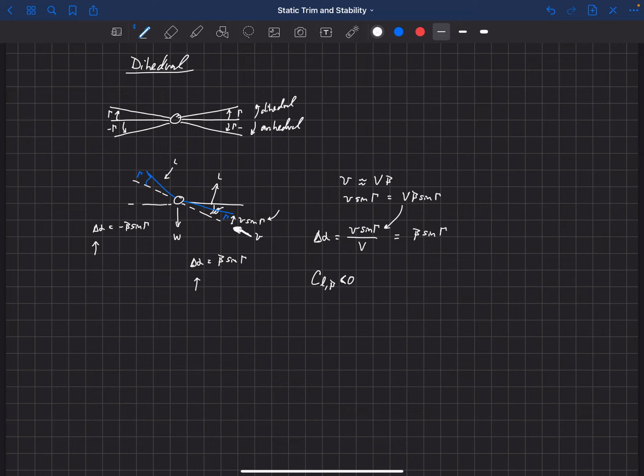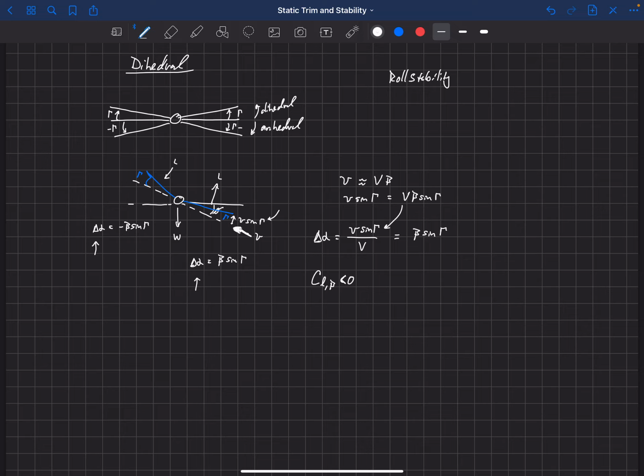Now, dihedral is one of the largest contributors to the change in rolling moment with respect to beta. So much so that roll stability is sometimes called dihedral effect. Okay, so we're talking about roll stability.